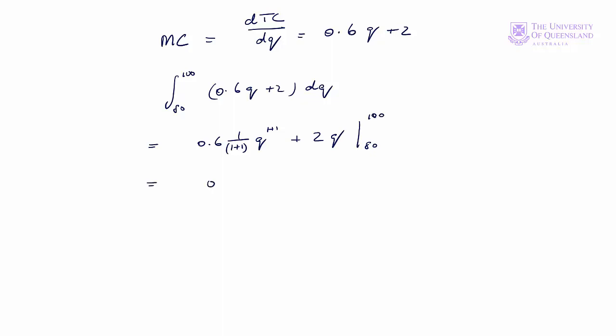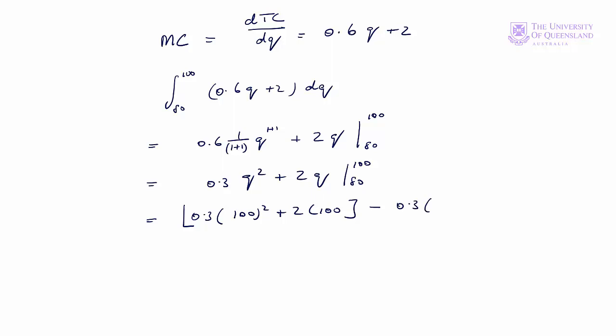Simplifying that, we have 0.3 times q squared plus 2q. We evaluate that function at 100 and then subtract the function evaluated at 80. So we'll have 0.3 times 100 squared plus 2 times 100, a big bracket around that, minus 0.3 times 80 squared plus 2 times 80, another bracket around that.